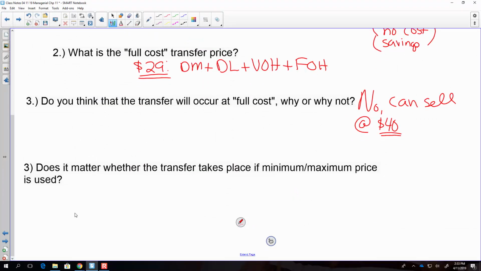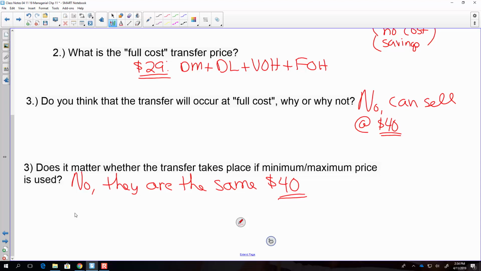So does it matter whether the transfer takes place at the minimum or max? And again, it's kind of a silly question. No, they are the same, $40, right? So there is no benefit. There is no difference between them, so it doesn't matter.